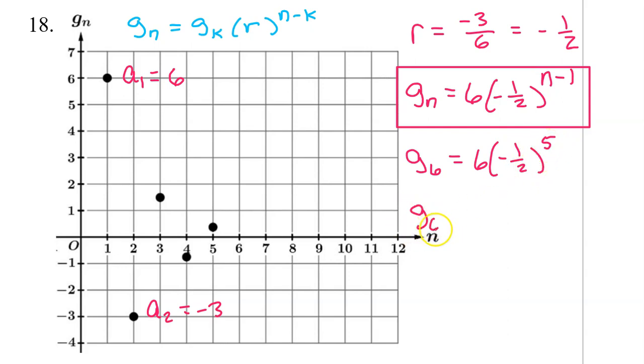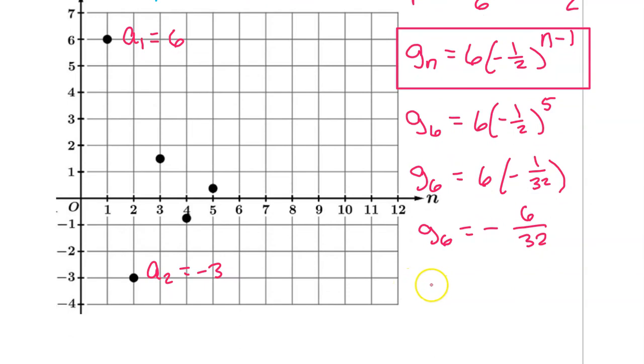So G6 will equal 6 times negative 1 over 32. I'm just going to show the steps. So G6 is equal to negative 6 over 32. Dividing both of these by 2, G6 is equal to negative 3 over 16.